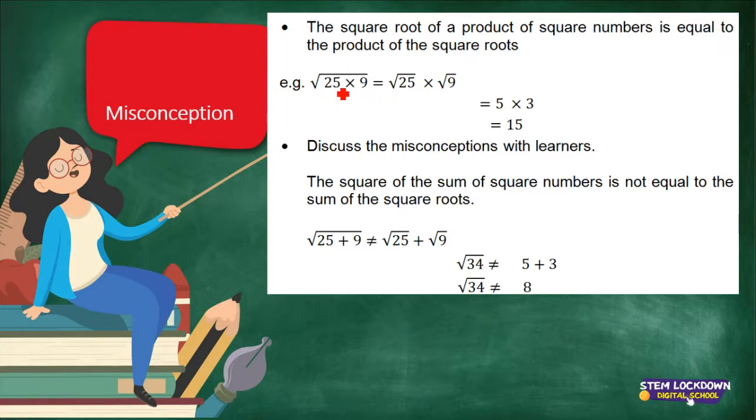In other words, if I have two numbers that are multiplied, a product, the square root of these numbers is the same as saying the square root of each. For example, 25 times 9. Learners, what is 25 times 9?